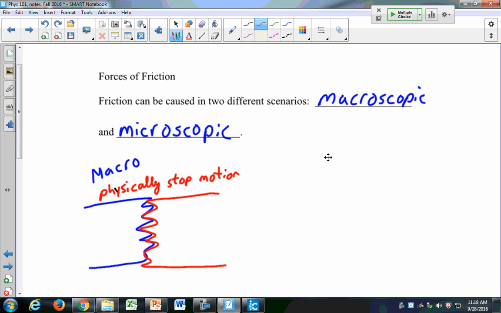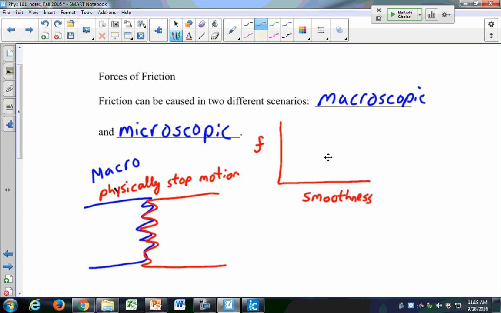They do this study, or they did this study, where you plot the friction versus the smoothness. And as you might expect, if they make these surfaces smoother, what's going to happen to the frictional force? It goes down. As you expect, you smooth them and they go down.